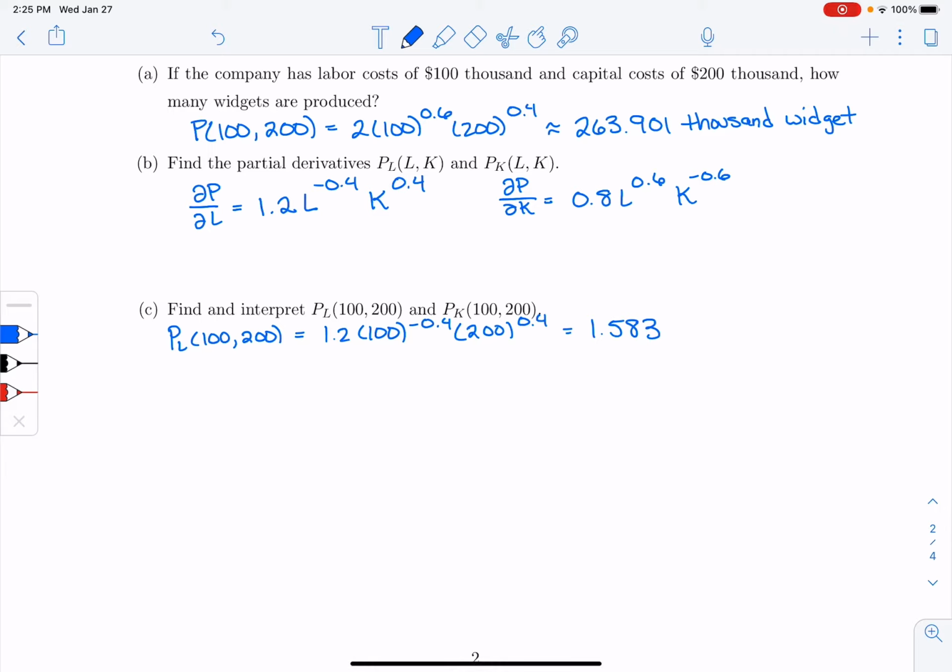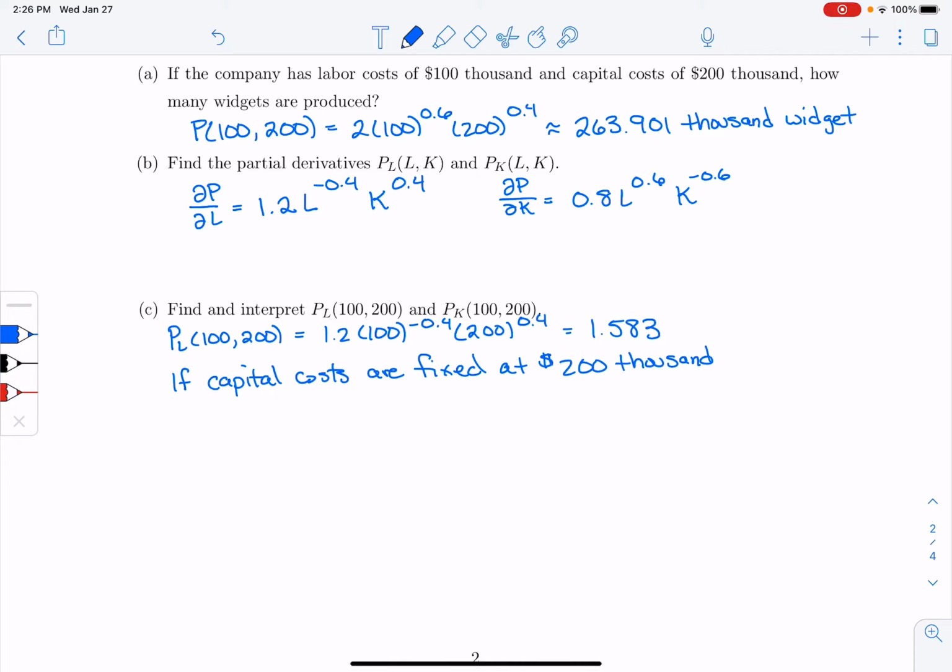Well, that means that if our capital costs are constant, so if capital costs are fixed at $200,000, and then we're going to change our labor costs.